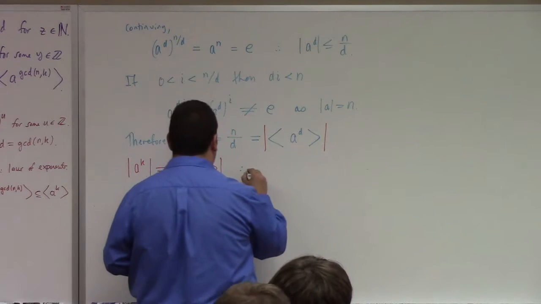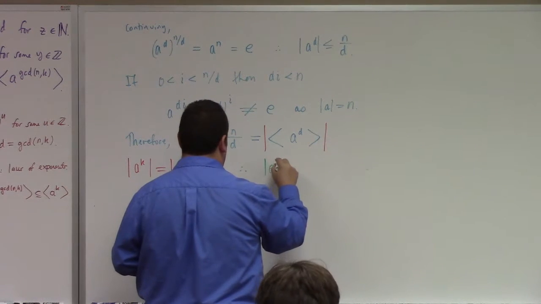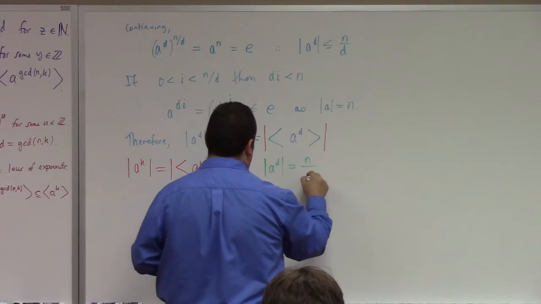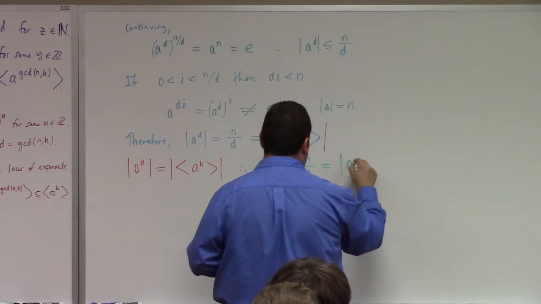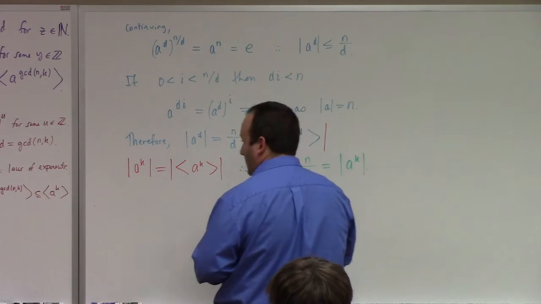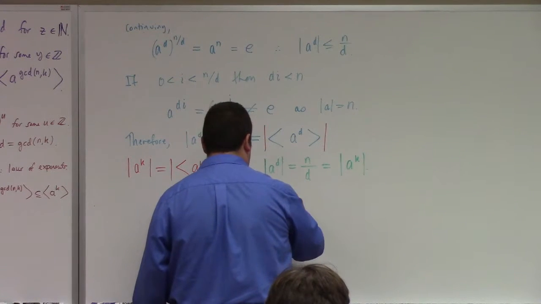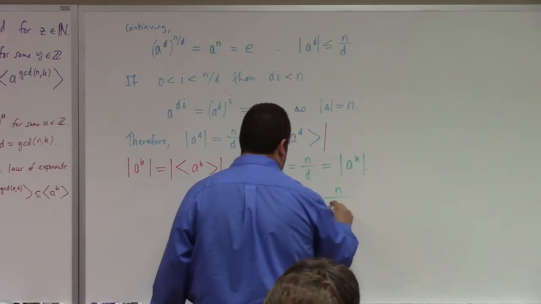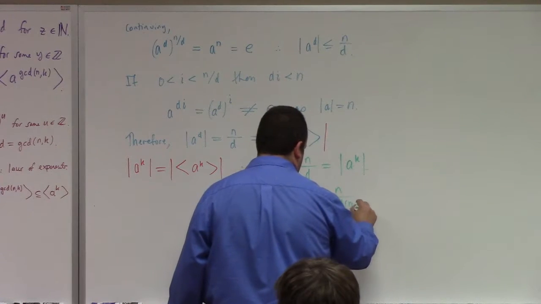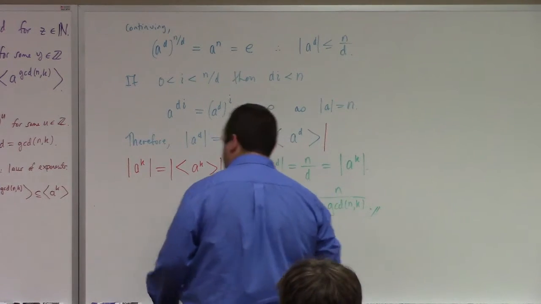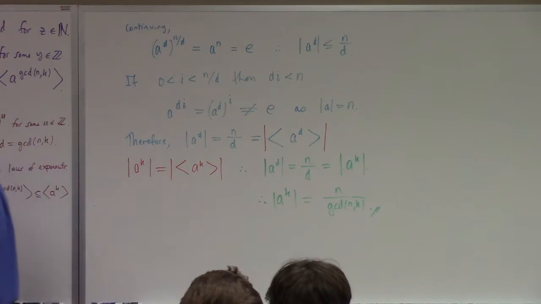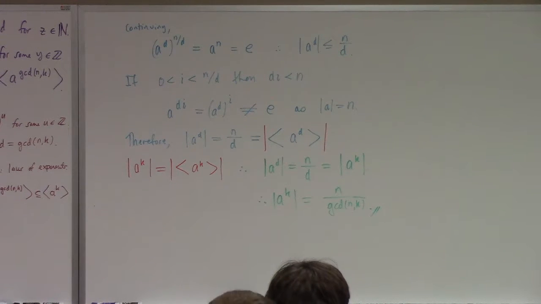So therefore, the order of a to the d, which is equal to n over d, is also equal to the order of a to the k, which is to say what? The order of a to the k is equal to n divided by GCD of n comma k. There you go. That is the proof of theorem 1.6.15 in all of its glorious detail.